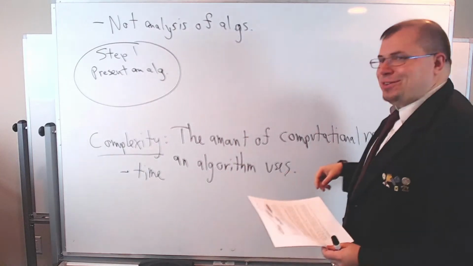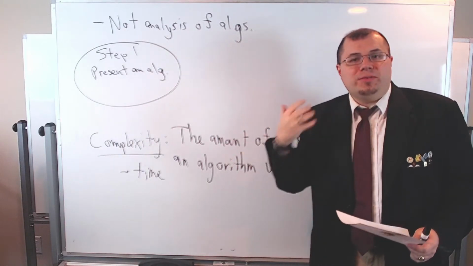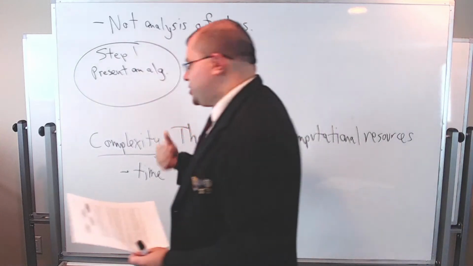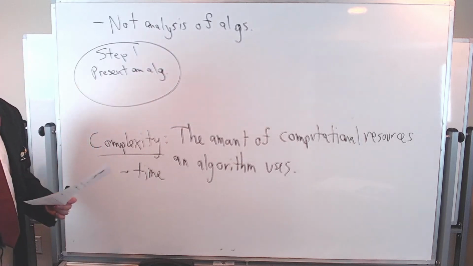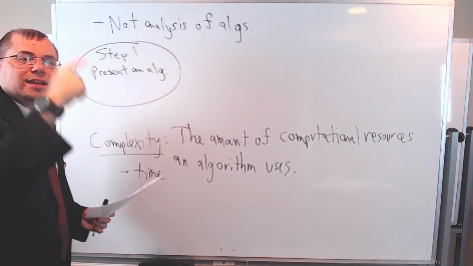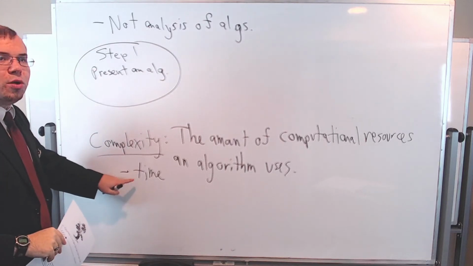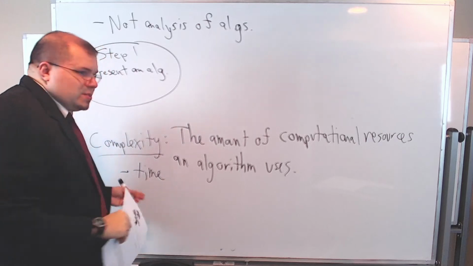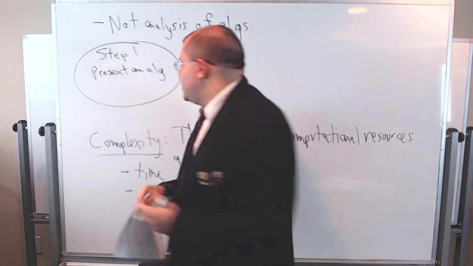That's the technical jargon way of saying that if I take the most atomic pieces of what I'm doing with my computer, which usually are logical operations or arithmetic operations, these are all assumed to be one operation, and we count these when we analyze an algorithm. This is the number of operations, or the so-called number of steps, that the algorithm takes, which is sometimes rather difficult to analyze unless you use a type of analysis.